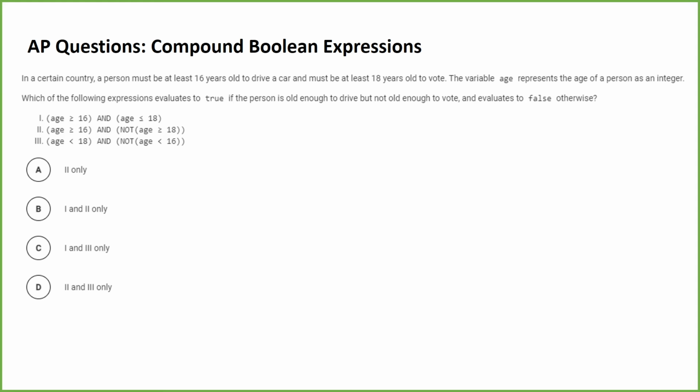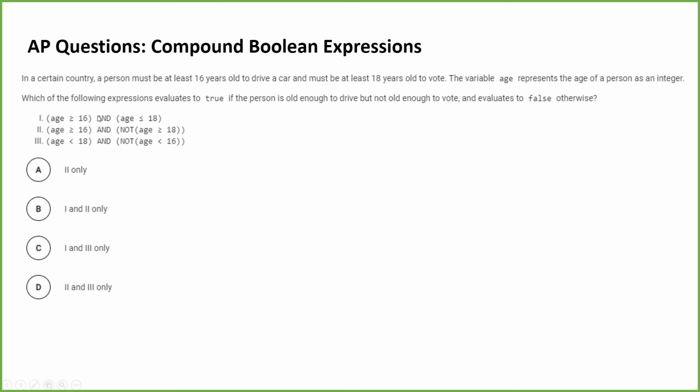All right, so let's evaluate each one. This will give me 16 and over, and this will give me less than or equal to 18. Notice there's an equal sign there. I don't want to include those who are 18. So for example, if the age is 18, this is going to be true, and that's going to be true, and the whole thing will be true.